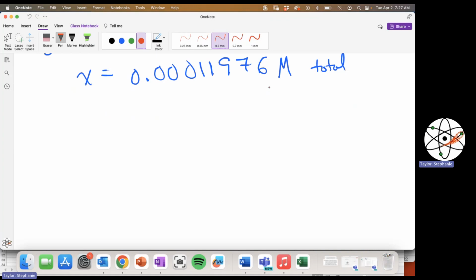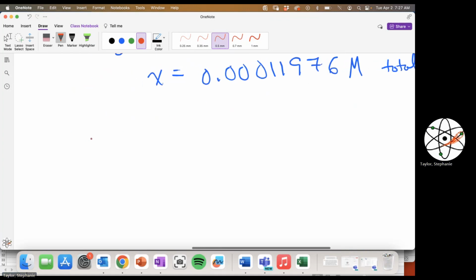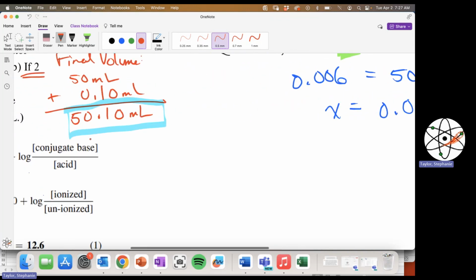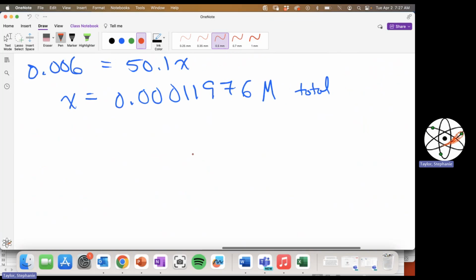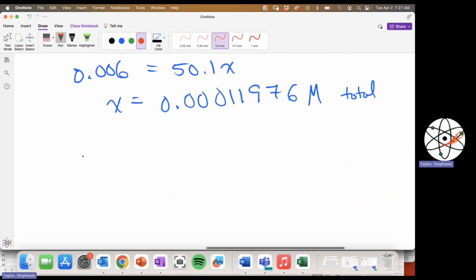Since this is the total, we can use either one of these numbers, but I guess we'll use the 12.6. What I know is that my HA over my A minus is equal to 12.6 to 1. I am not going to do it the way the book did it, am I?